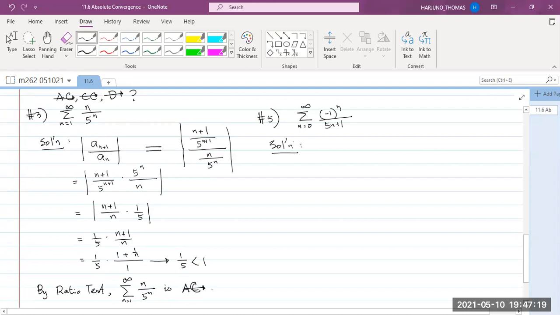I tend to use the ratio test if the terms of the series are sometimes positive, sometimes negative, or if, when we do the ratio, a lot of things cancel. Believe it or not, the ratio test also works if you have a geometric series.